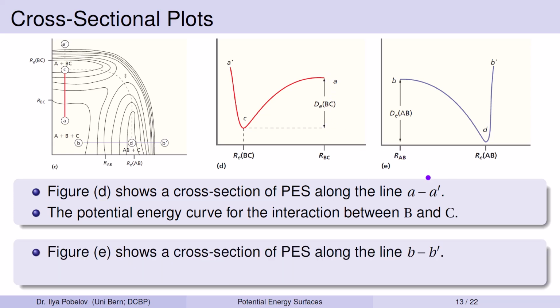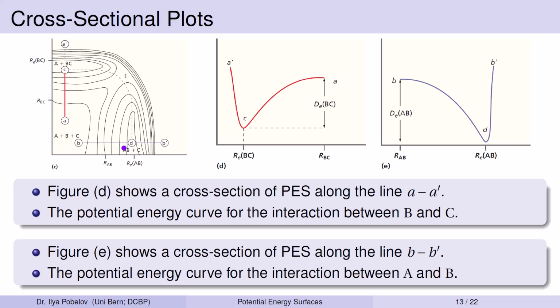Figure E shows a cross-section of the potential energy surface along the line BB', which results in a similar potential energy curve for atoms A and B in the absence of the interaction with C.